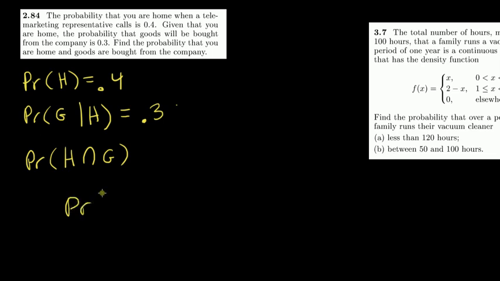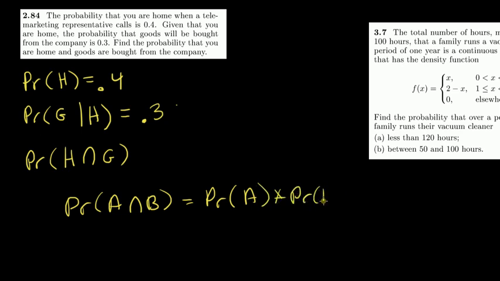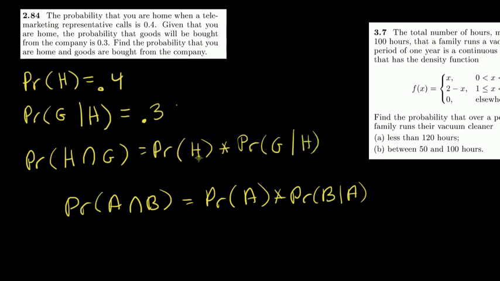So remember the multiplication property was probability of A and B equals the probability of A happening times the probability of B happening, given that A already happened. Okay, so we're going to go ahead and use that here. So this will be equal to the probability of H happening times the probability of G happening, given H already happened. So this is 0.4 times 0.3, which is 0.12.